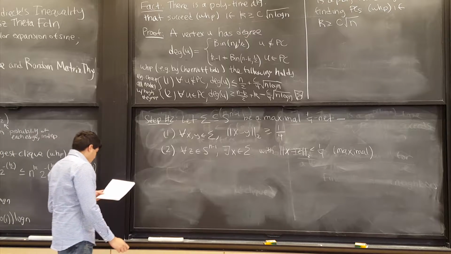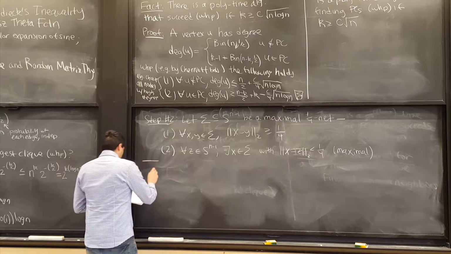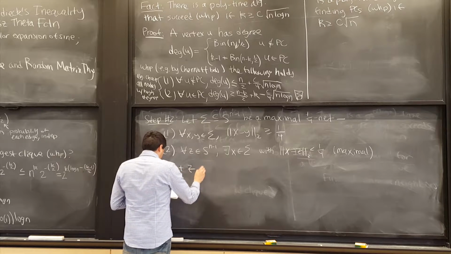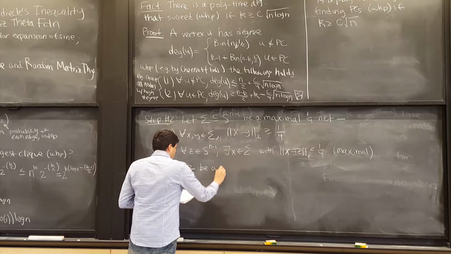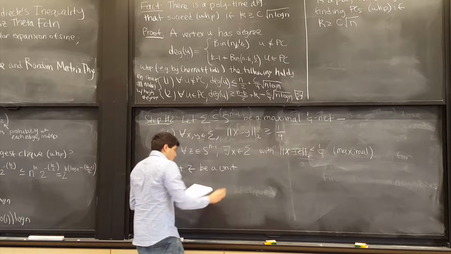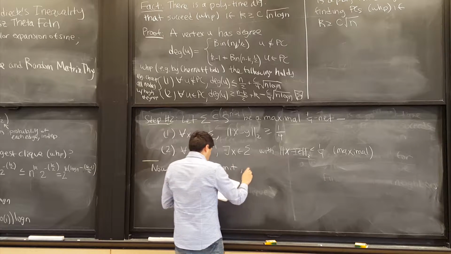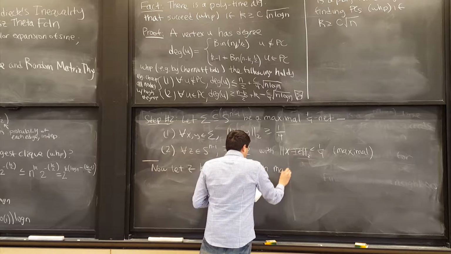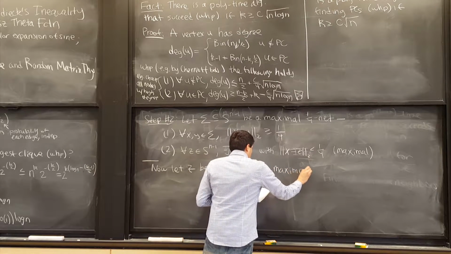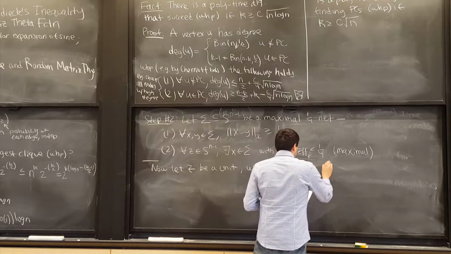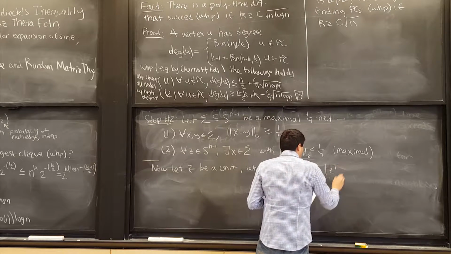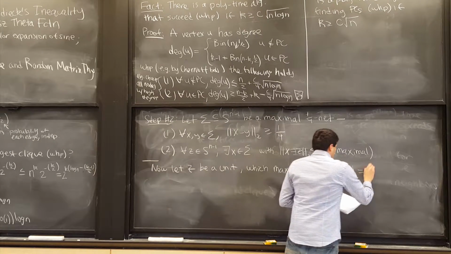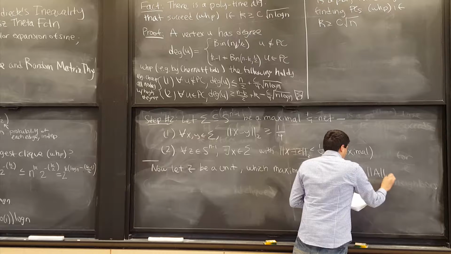So what I claim now, to realize step 2, here's what we're going to do. Let z be any unit vector which realizes A's operator norm. So it's the unit vector which maximizes the magnitude of z transpose A z, and it's equal to A's operator norm.